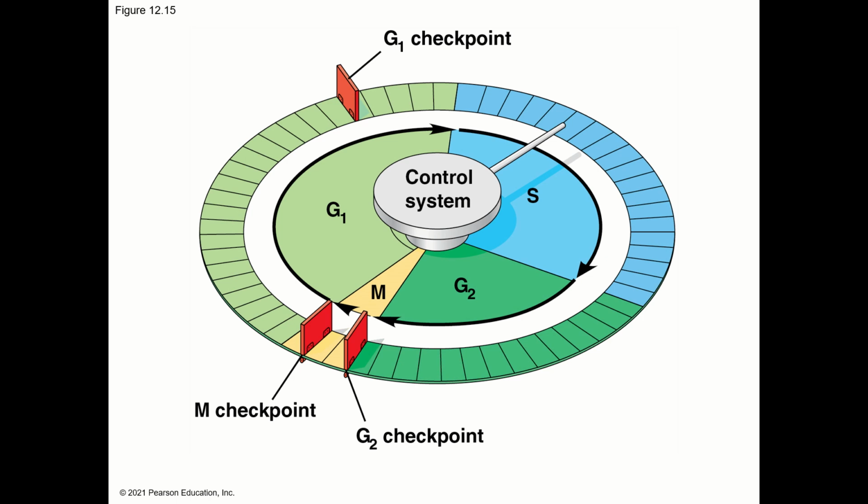But that G2 checkpoint is essentially where everything is checked, DNA is perfectly copied, and there's enough final resources necessary to enter the mitotic phase, because once it does that, it is committing 100% to mitosis. And then the M phase is a checkpoint, and that allows the cell to see whether it is finished separating into two daughter cells, and to begin G1.